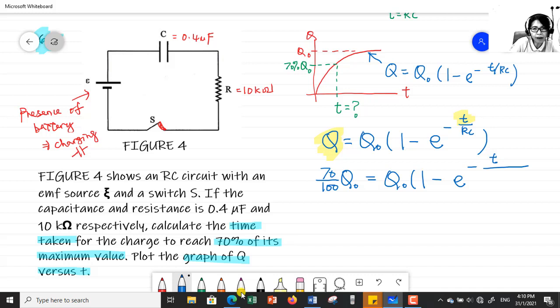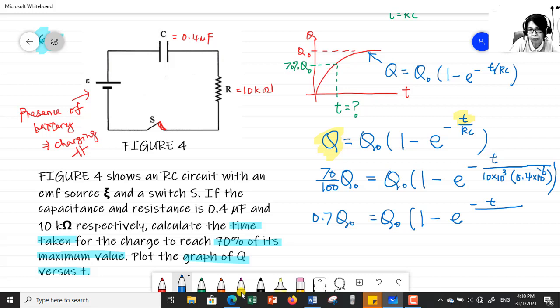The value of R is 10 kilo, times 10 to the power of 3. The value of capacitance is 0.4 times 10 to the power of negative 6. Then 70 over 100 is 0.7. So this value RC when I do the calculation is 4 times 10 to the power of negative 3.